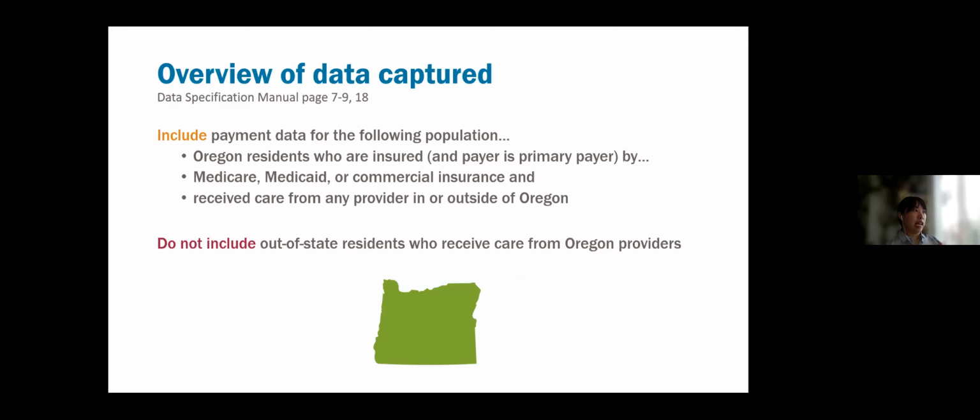We're collecting Medicare, Medicaid, or commercial insurance, and it's costs for their care from any provider in or outside of Oregon. This data collection doesn't include costs for out-of-state residents.